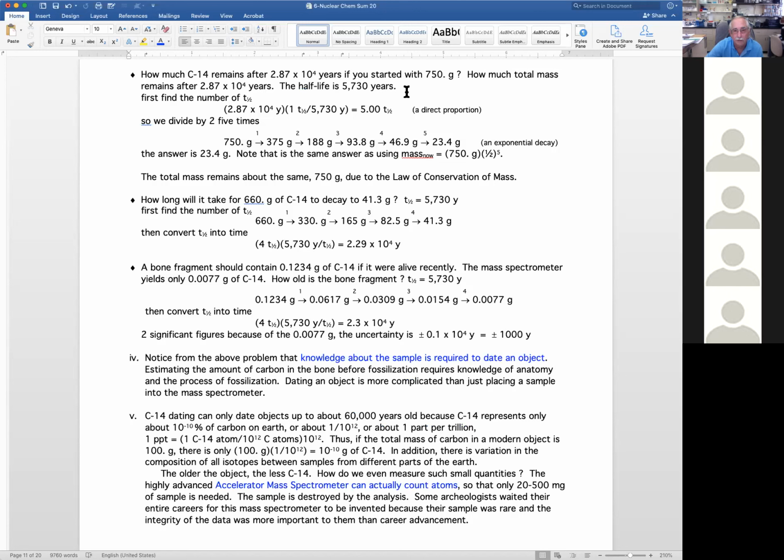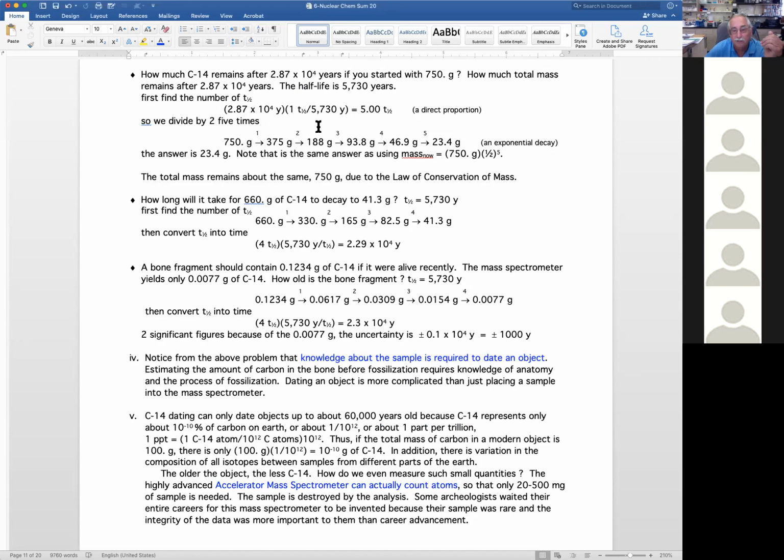And here's the half-life, which is a direct proportion. So what I need to do is find out how many half-lives. So here's the years. I start with years. I want to get rid of years and keep half-lives. So that's a direct proportion. That means that it's 5 half-lives.